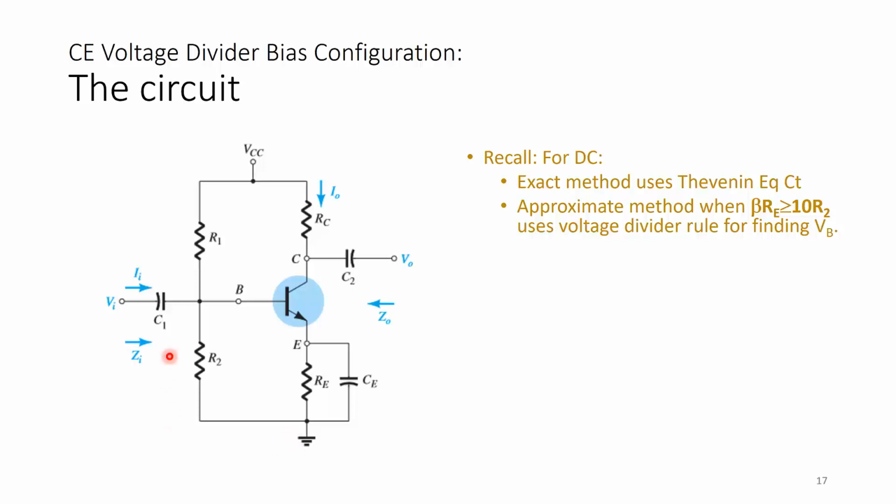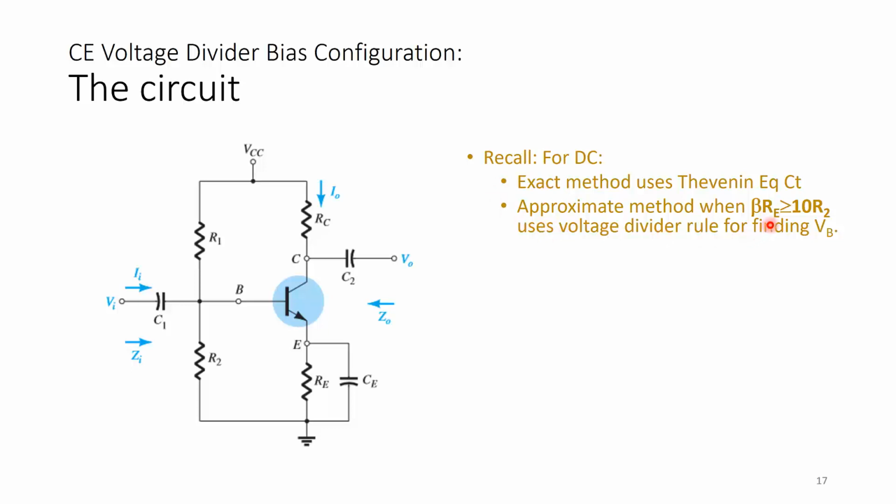If you recall when we did DC biasing circuits in the first 3 or 4 videos, for voltage divider bias we have 2 methods of solving this. Either we use the exact method using the Thevenin equivalent circuit, or we can use the approximate method.